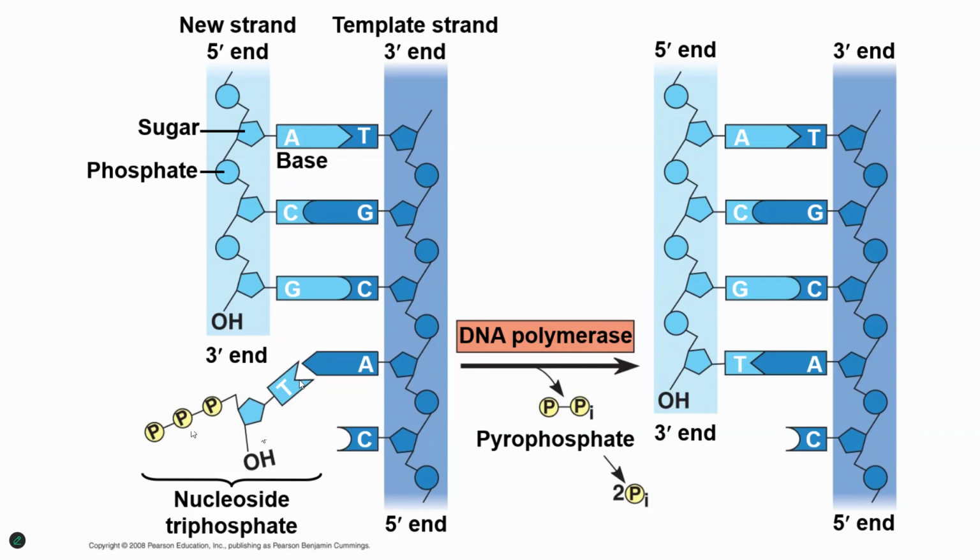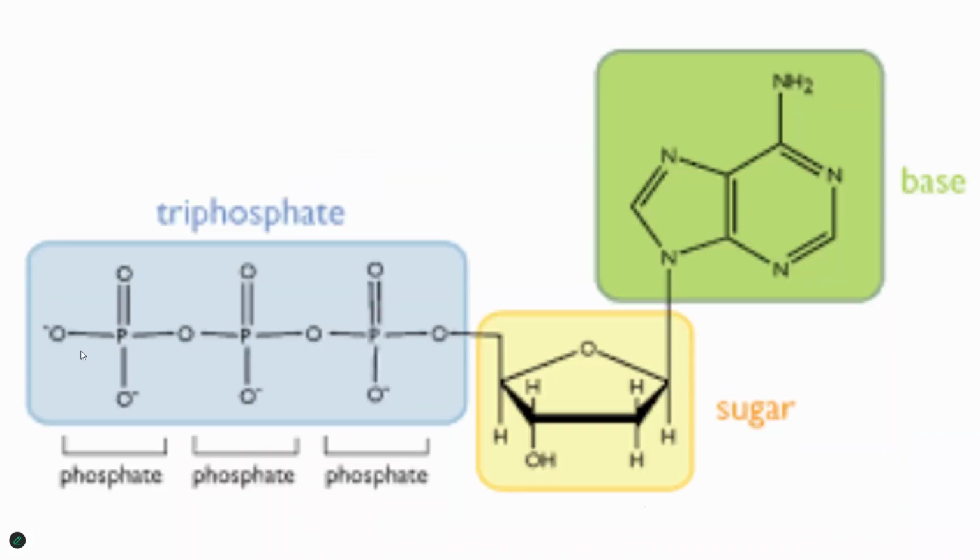You're always building a new molecule 5' to 3'. So it's using this template strand. The template strand is 3' to 5'. The new strand is being built 5' to 3'. And because the DNA is anti-parallel, that's what leads to the leading strand and the lagging strand.